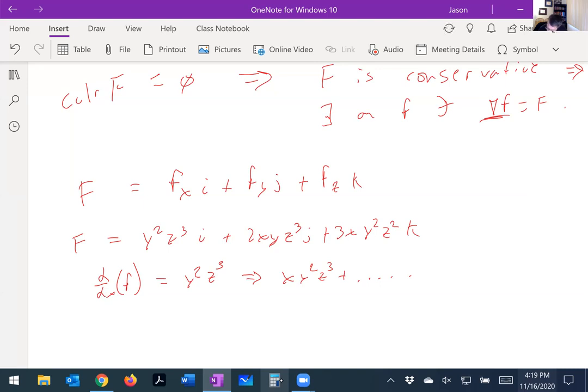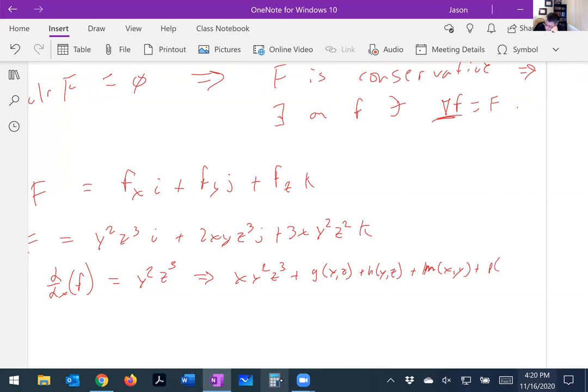Okay, so maybe I'll look at the other terms. This term involves x, y, and z. There would be terms that don't involve x, y, and z. But again, just know there's extra terms here. There's a lot of extra terms. There's terms that could be just xz, just yz, and so on, like an m of x, y, plus p of x, plus q of y, plus r of z, plus c, right?